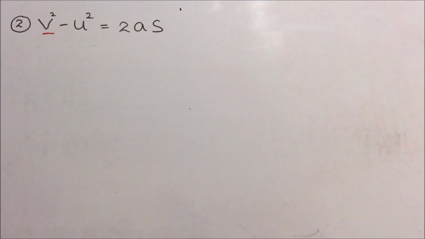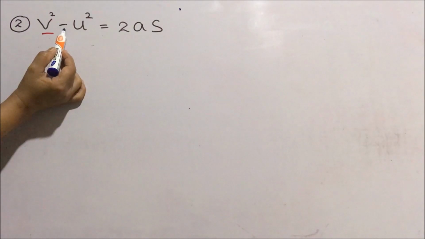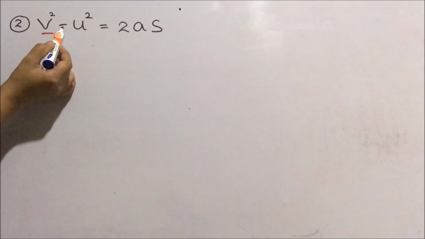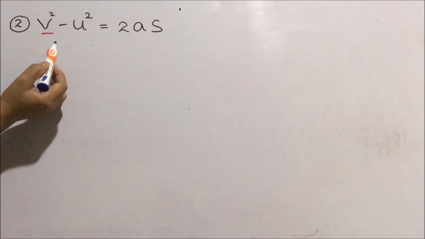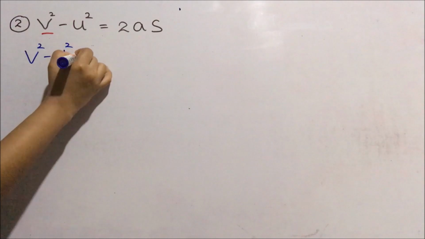V squared minus U squared equals 2AS. Now we are going to make V the subject of this formula. For that we have to remove this minus U squared. The opposite of minus U squared is plus U squared, so we add U squared to both sides.